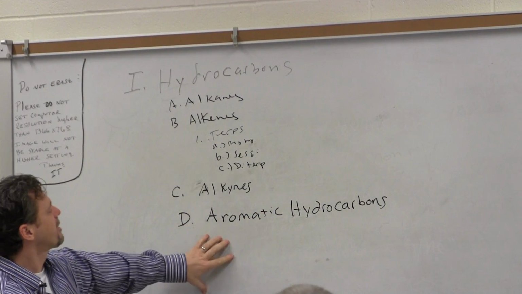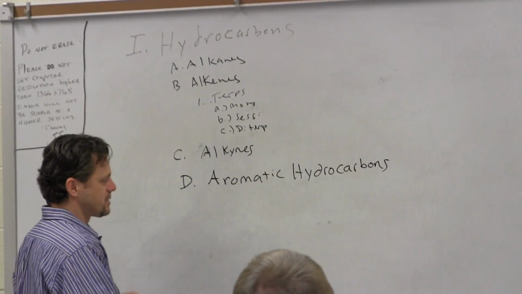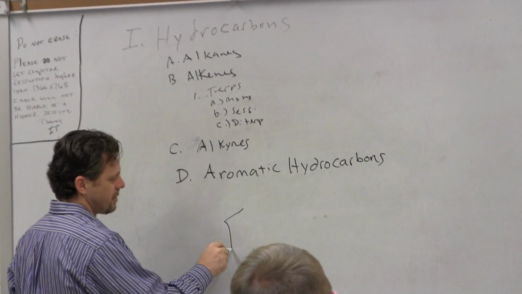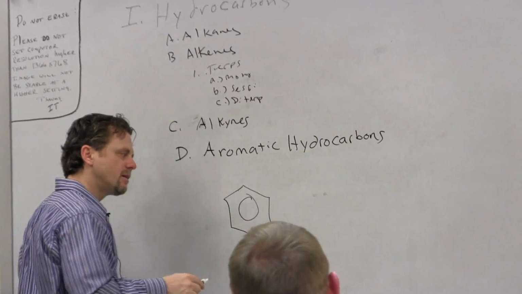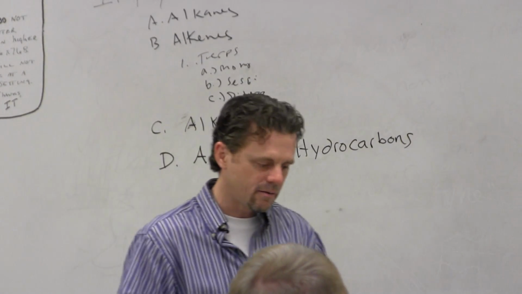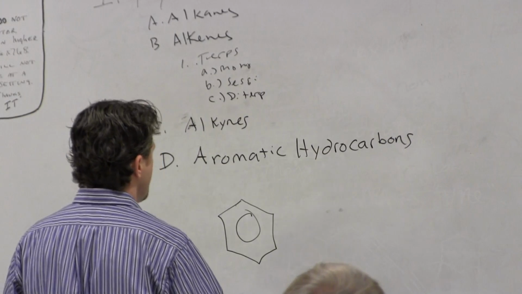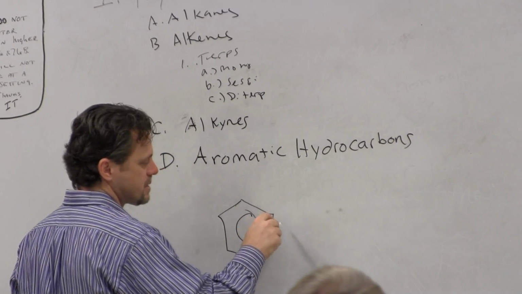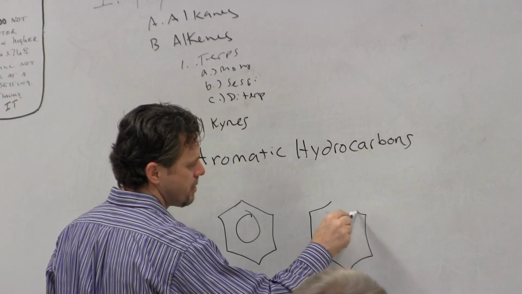Okay, aromatic hydrocarbons. What does that mean? It means, well, mostly that we're talking about things that have what we call an aromatic ring, or a benzene ring, or a phenyl ring, whatever you want to call that. By the way, this is equivalent to saying this, okay? And you will see it written both ways.